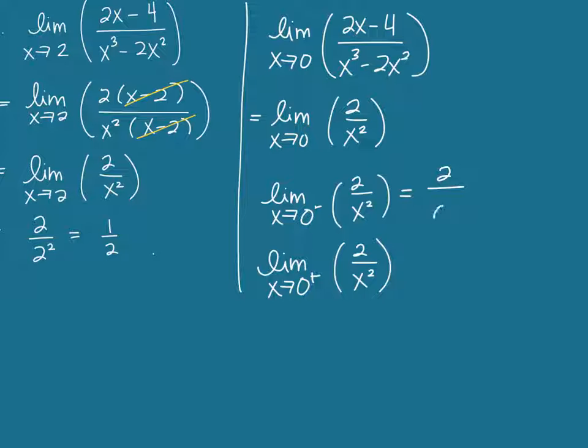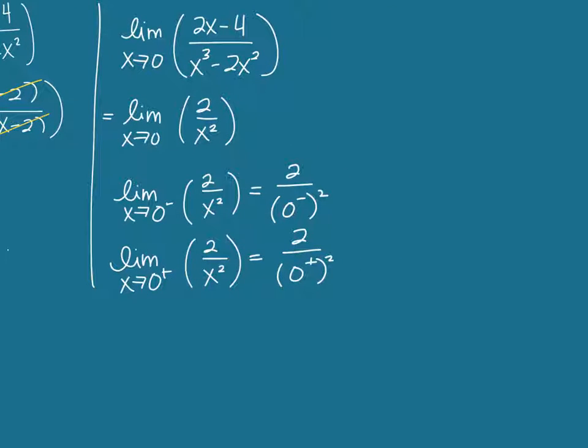What happens if we plug in 0 minus and we square it? And what happens if we plug in 0 plus and we square it? We're not plugging in 0. We're plugging in something negative. What happens when you square something negative? You get a positive number. And so by squaring this, I now get a positive number. And 2 divided by the smallest positive number you can think of, but it's not 0.